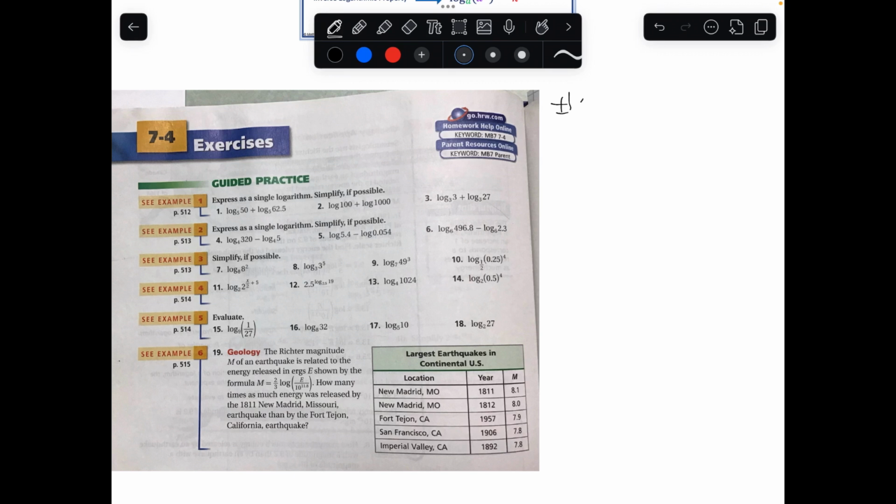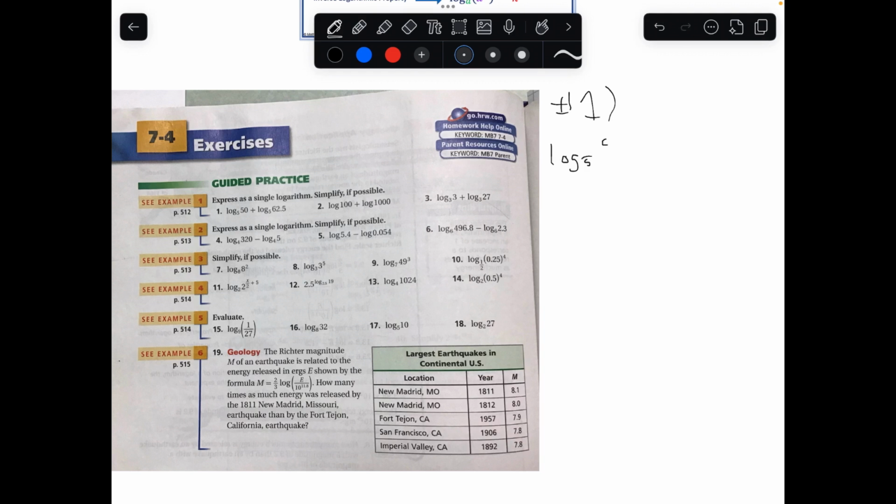Number 1. Now, just like before, when I had the plus sign, I can end up multiplying them together. That's what I'm going to do for this first one. Oops, the wrong button. Okay, so I have log. I don't know why I always want to leave out the O in my log.